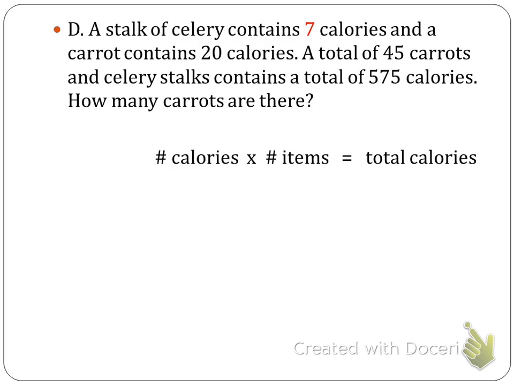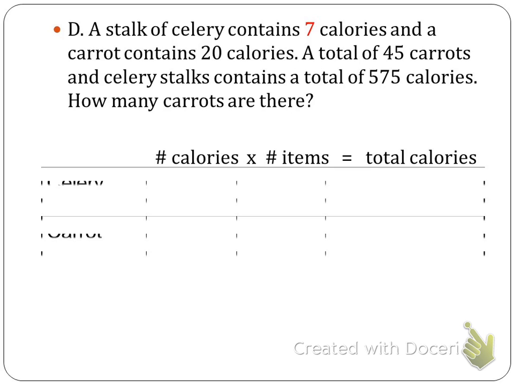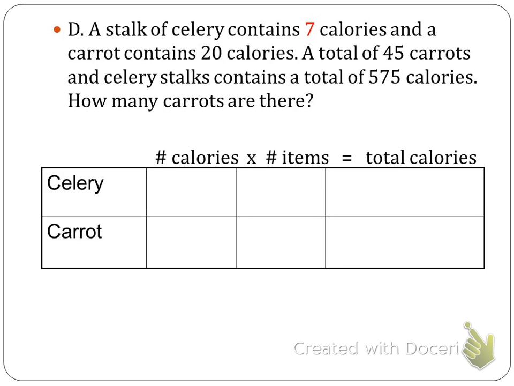So what are the two things we're talking about? Celery and carrots. Good old celery and carrots. They ask us about carrots at the end, so I'm going to make that C. It's going to save me a step later. So C is going to be the number of carrots.